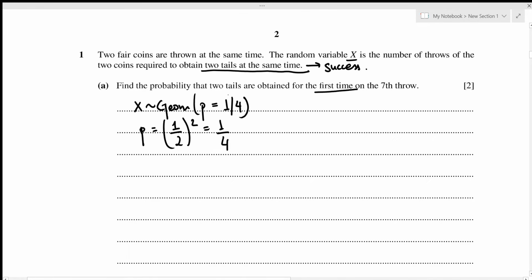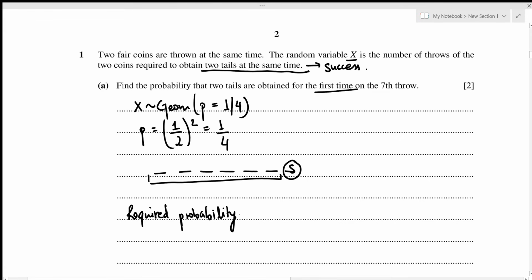Alright, now we need to figure out the probability that the two tails are obtained for the first time on the seventh throw. We require success in this one, which means that there have to be 6 failures for the first 6 throws. So the required probability is going to be the probabilities of failures for the first 6 throws.